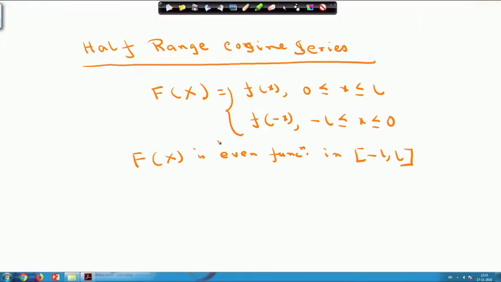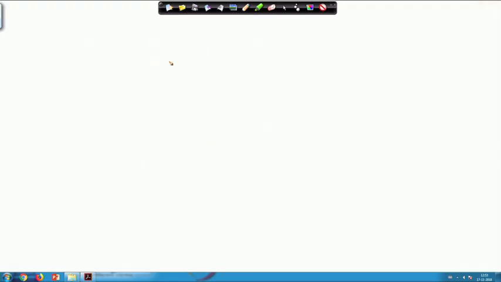So, I can write that in the half range, capital F(x) is equal to small f(x), and therefore the cosine series of F(x) is the required cosine series of small f(x) also in the interval 0 to L. In -L to L, the characteristics will be different.